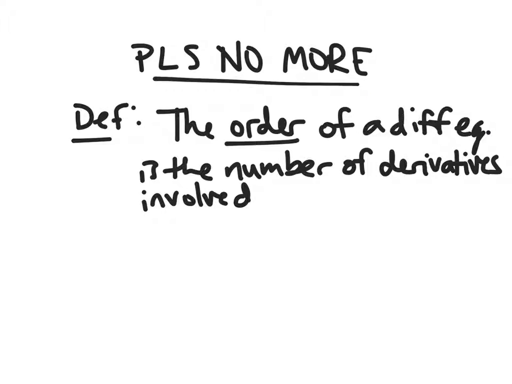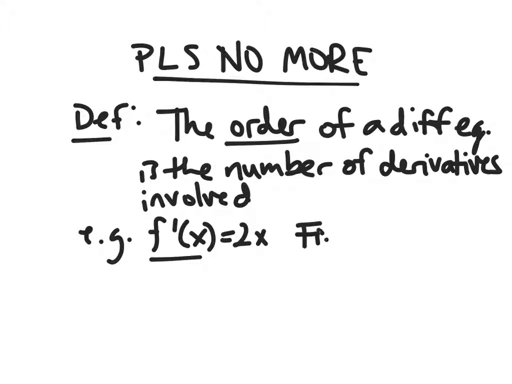All right, just a little bit more vocab. The order of a differential equation is the number of derivatives involved. What do I mean by this? Take the example we've been running with, f prime of x is 2x. We're only talking about f prime, only going one deep in terms of derivatives, only the first derivative, no second or third. So this is called first order.